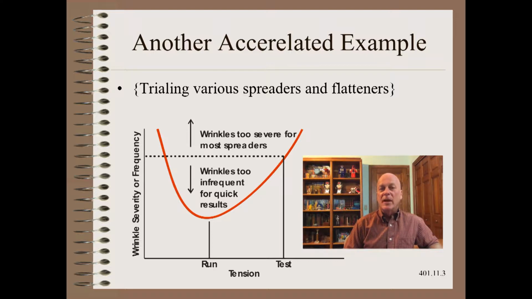The setup was made much faster by operators who knew that a certain tension gave the least wrinkling troubles and, of course, they ran it at that tension. If tension was increased or decreased, wrinkle rates got worse.